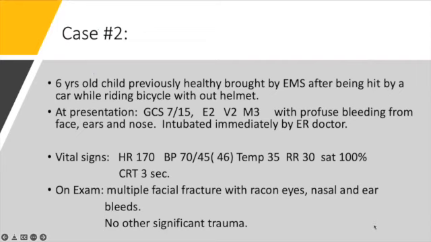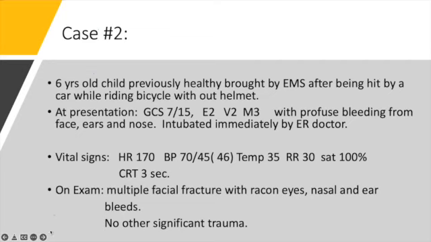Okay. We have a 6 years old child, previously healthy, brought by the EMS after being hit by a car while riding a bicycle without a helmet. At presentation, GCS was 7 out of 15, eye 2, verbal 2, and motor 3, with profuse bleeding from face, ears, and nose.